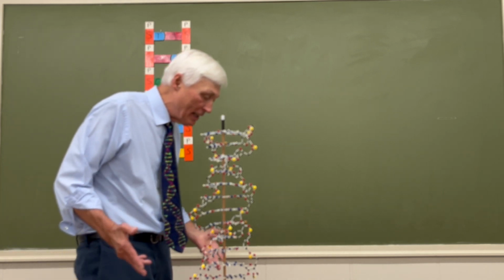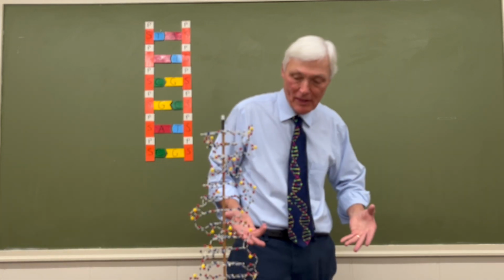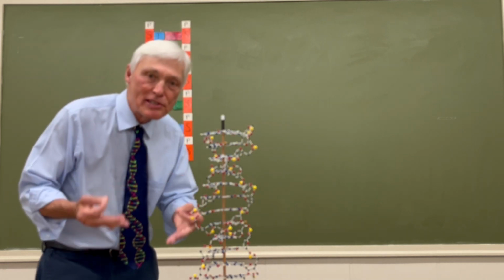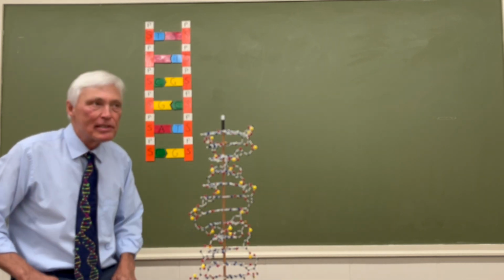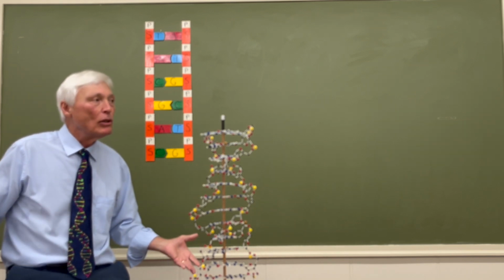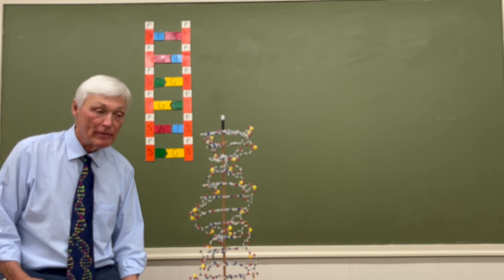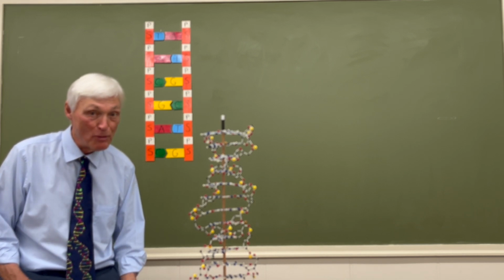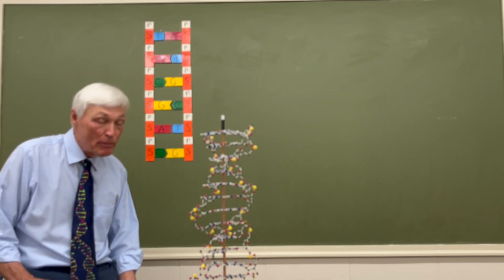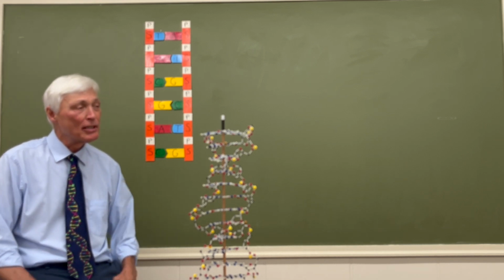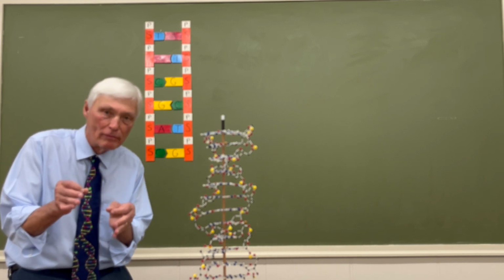Now, I want us to gain some appreciation for not only the beauty of this molecule, but the small size of it. Let's take a cell, a human egg cell. Now actually, it's the largest cell in the human body. The diameter of a human egg cell is about the width of a hair.